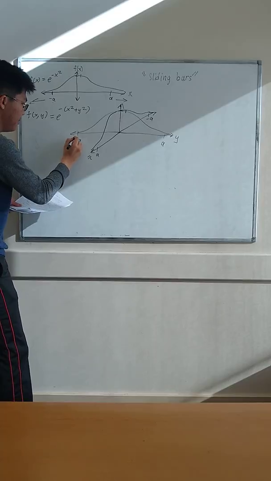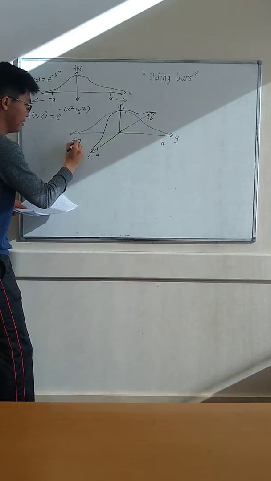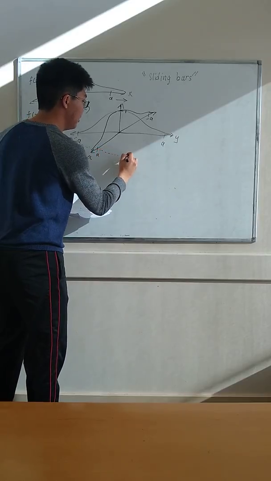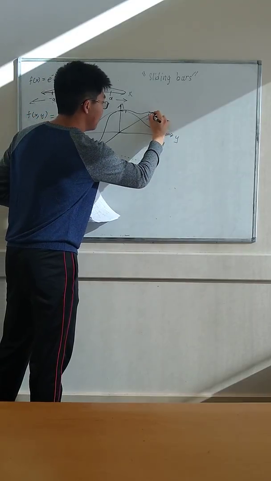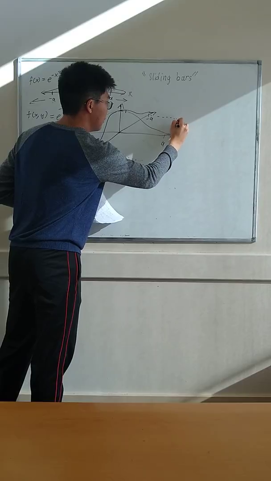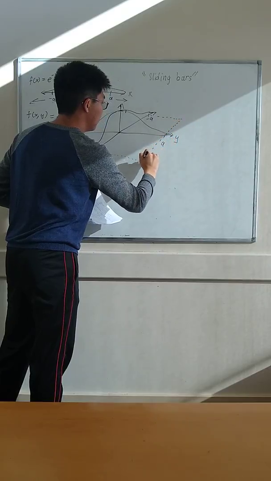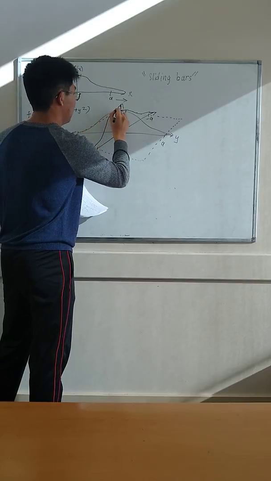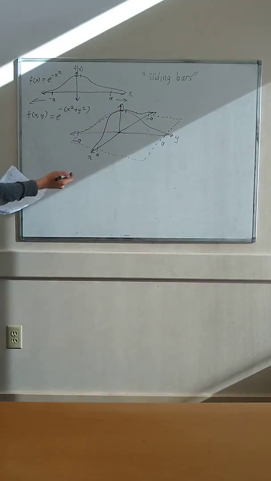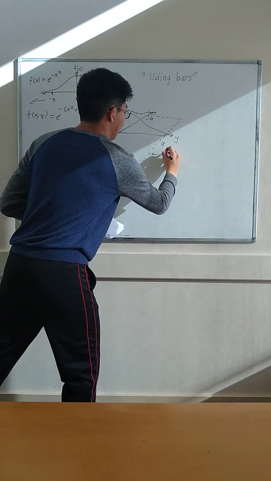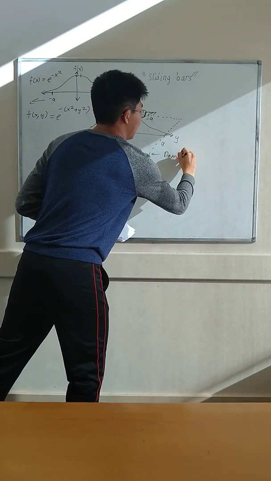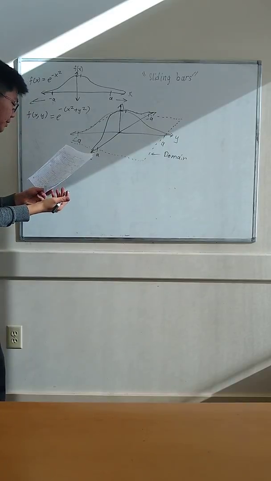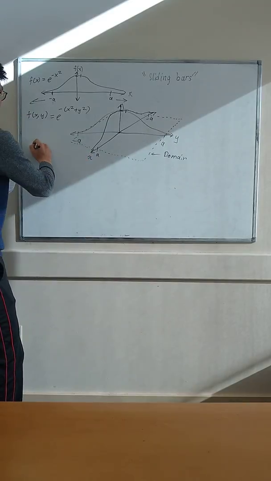And here, let me trace out the domain. Our domain here is a rectangular domain. So this is our domain right here. So if this is our domain, let me graph it right here.